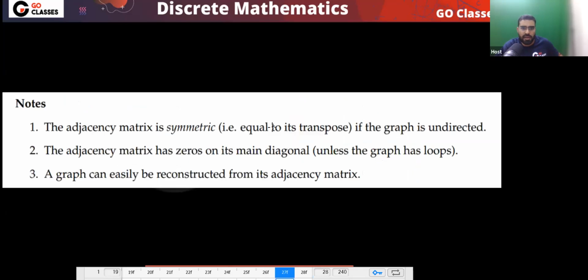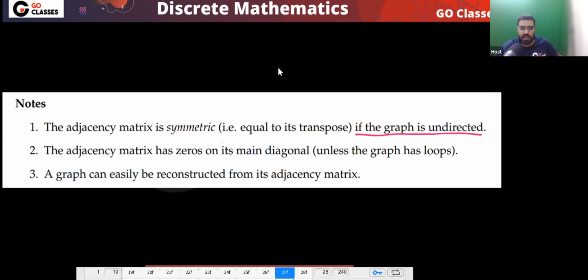Now for an undirected graph, let's see some properties. If the graph is undirected, then the adjacency matrix will be symmetric, meaning it will be the same as its transpose.